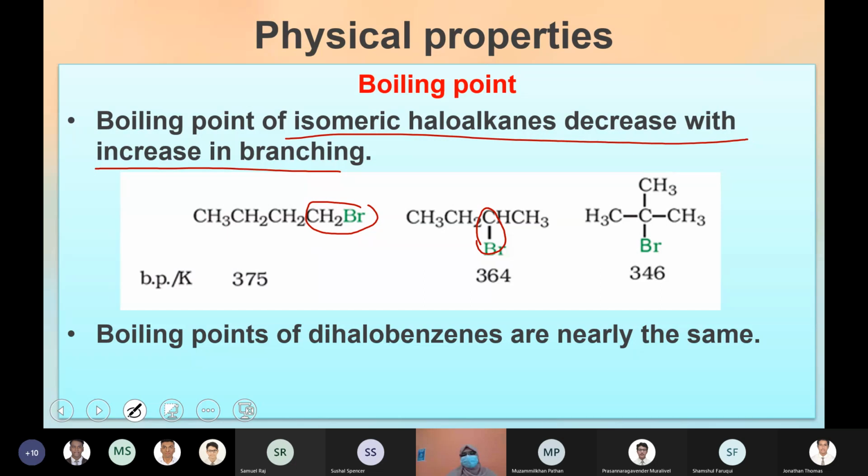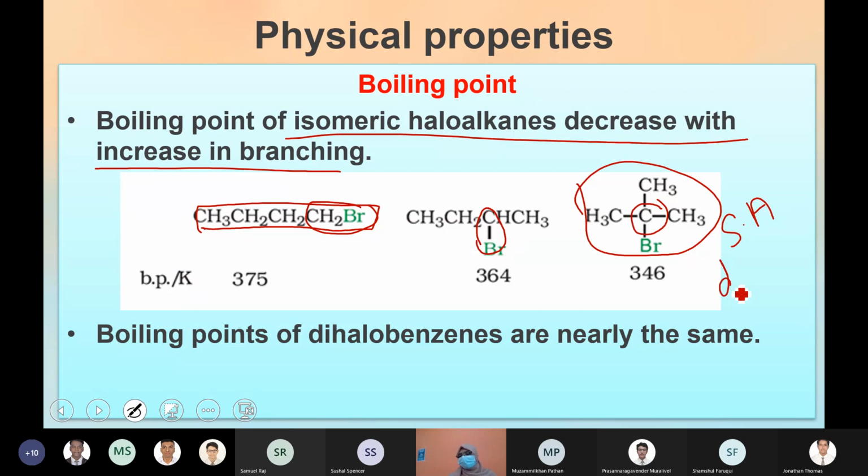More branching means everything is surrounding a certain carbon, so the surface area available for the molecule decreases. Surface area decreases, meaning van der Waals force of attraction decreases. Less interaction between the molecules.